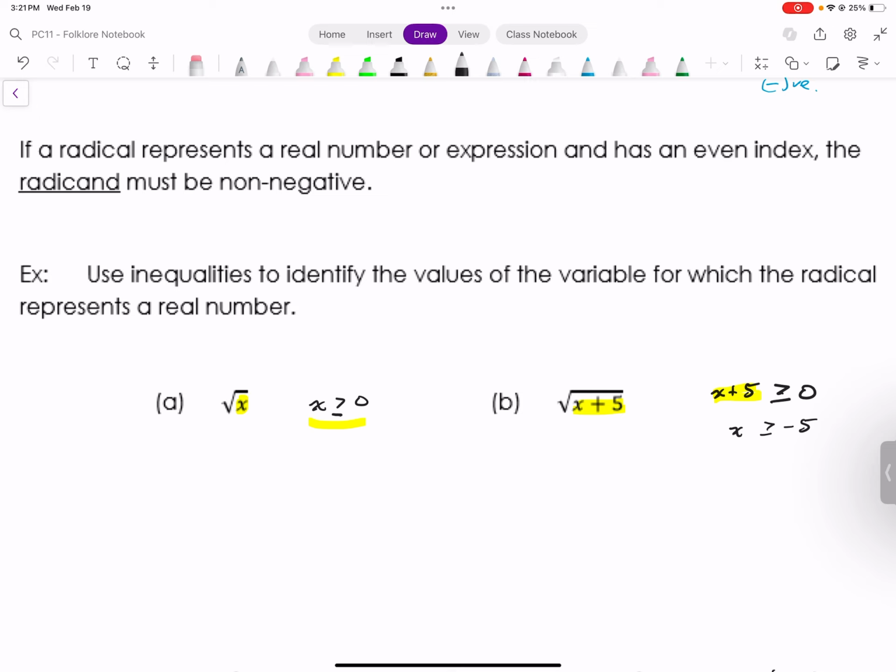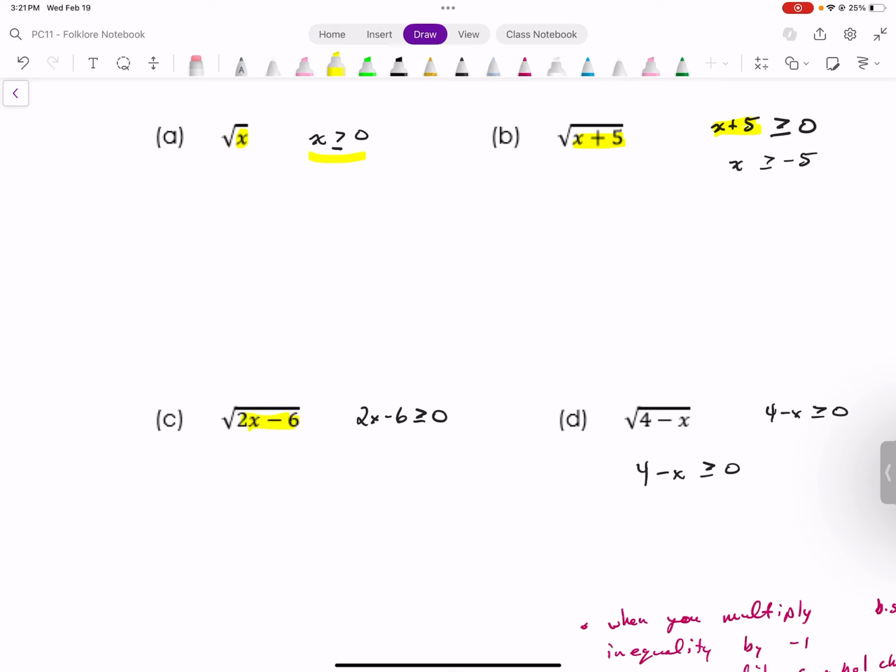Similarly here for C, my radicand is greater than or equal to 0. However, I'm going to work a little bit algebraically so I can isolate x. An inequality works very similar to an equal sign.